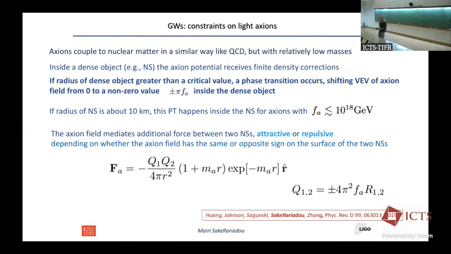If this happens, I'm going to have an extra scalar force, which will be plus or minus depending on whether they have the same or different charge. It's not something special for a neutron star, given that it's compact, with a radius of about 10 kilometers. So it's a context which normally can exist.